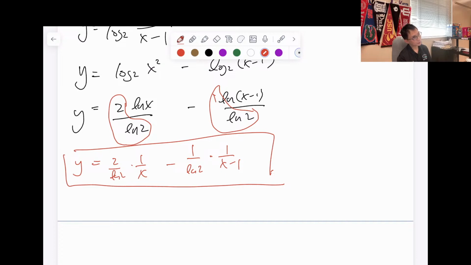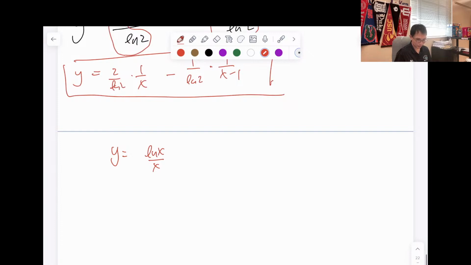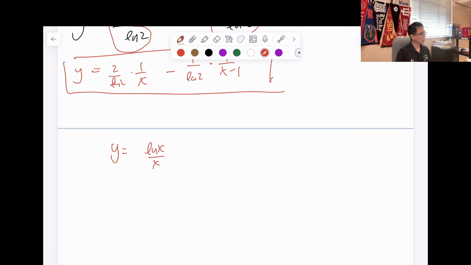What does 94 say? Y equals natural log of x over x, and you have to find the extrema. Oh, I love this question. This question's on the test.